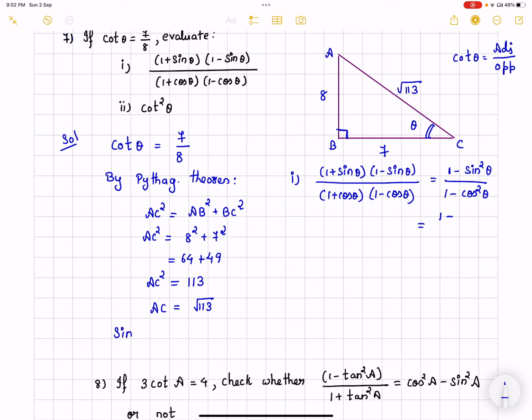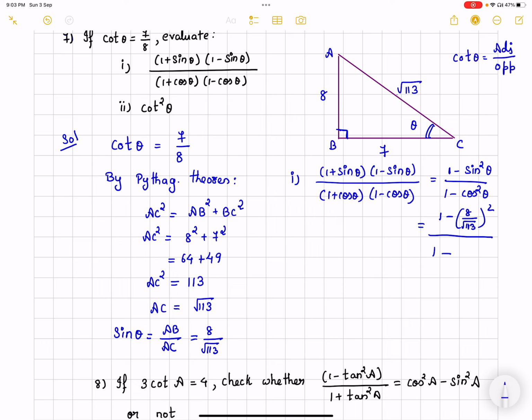Sine theta is equal to opposite side, that is AB, divided by my hypotenuse, that is AC, which is going to be 8 divided by root 113. So now here I would be having 8 divided by root 113 whole square divided by 1 minus.